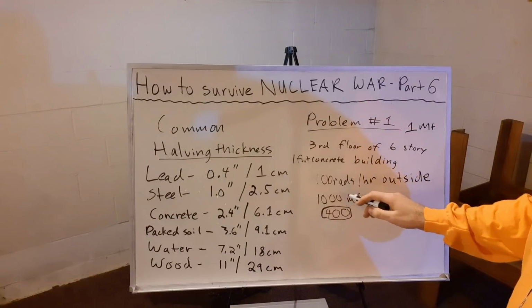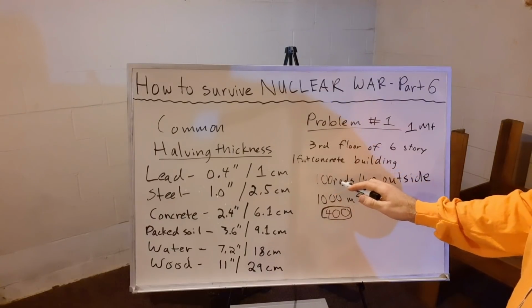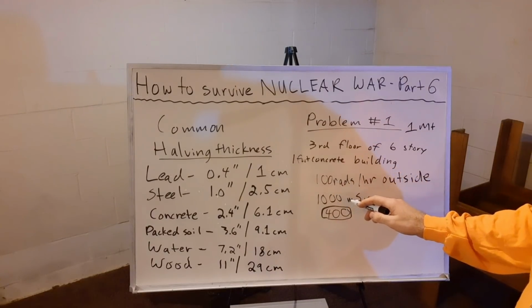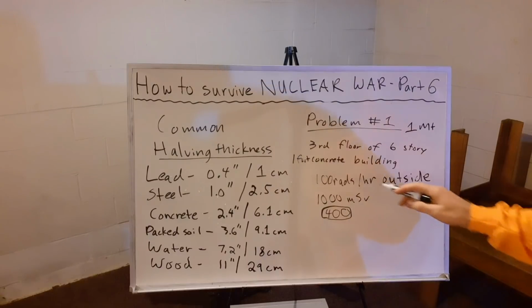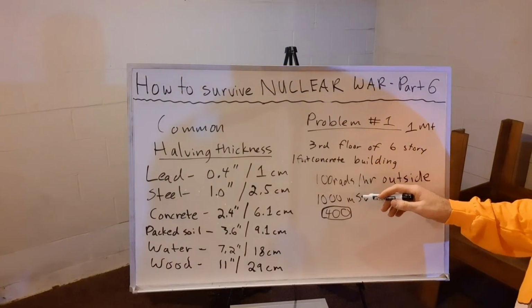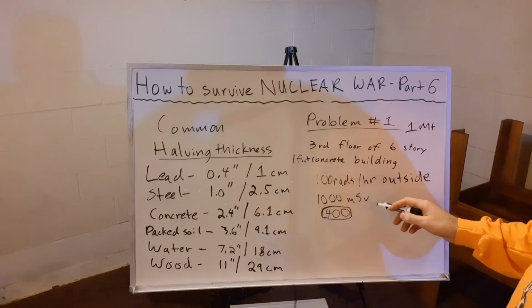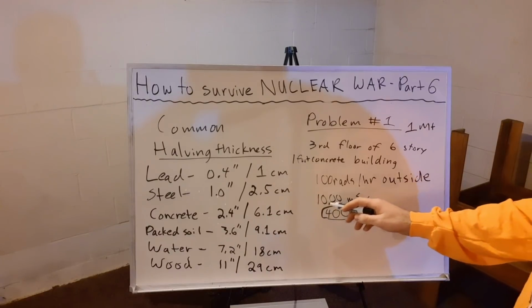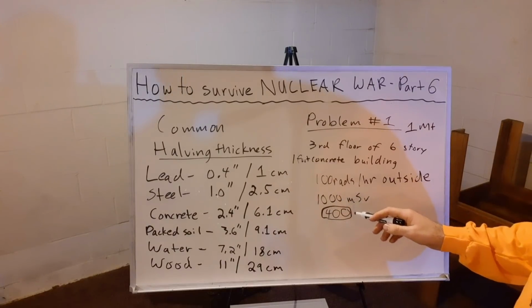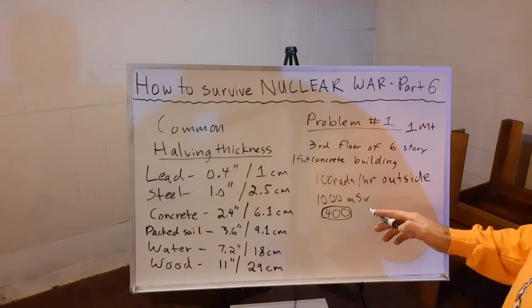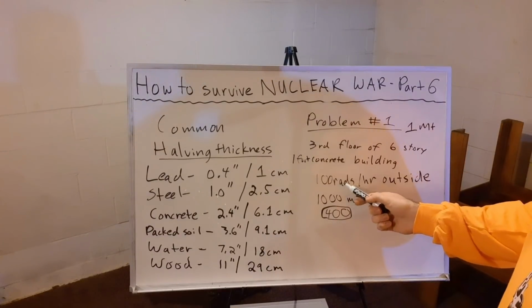So if you remember the conversion from rads to millisieverts, remember the differences between rads and millisieverts and rems. Millisieverts and rems are equivalent dose. That's what most radiation dosimeters work with. And rads are the absorbed dose.